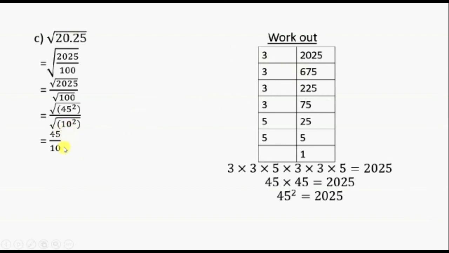10 to the power 1 is giving us what? 10. Are we going to leave it as an improper fraction? No. We are going to divide. So we are going to divide 10 into 45. We'll have the whole number 4. And then we'll remain with 5 over 10.